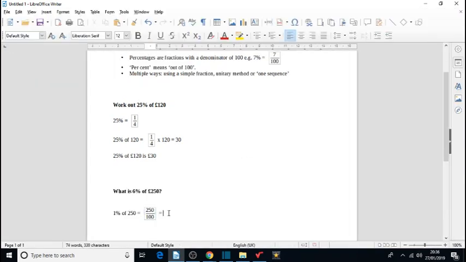That's how you'd work out what 1% is. 250 divided by 100 is 2.5. So therefore 1% is equal to 2.5.